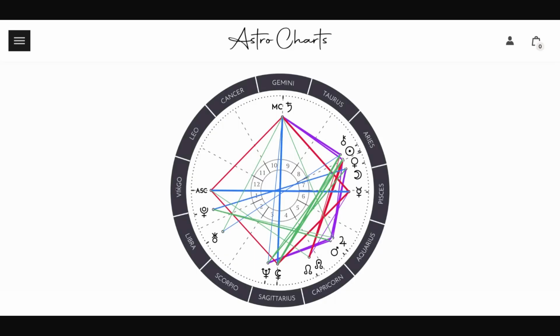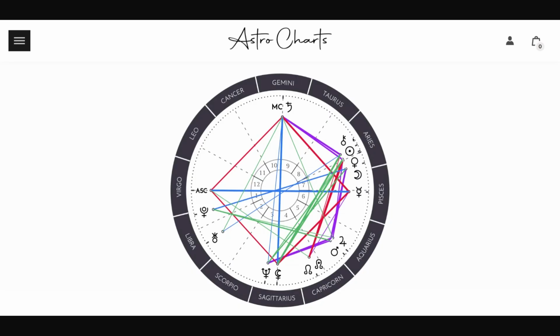Now, from the midline, which is the ascendant to the descendant, or the rising to the descendant, it is the above. From what I've seen, the more planets you have above, the more outgoing and extroverted you are, right? But remember, it also depends on what planets are placed there.